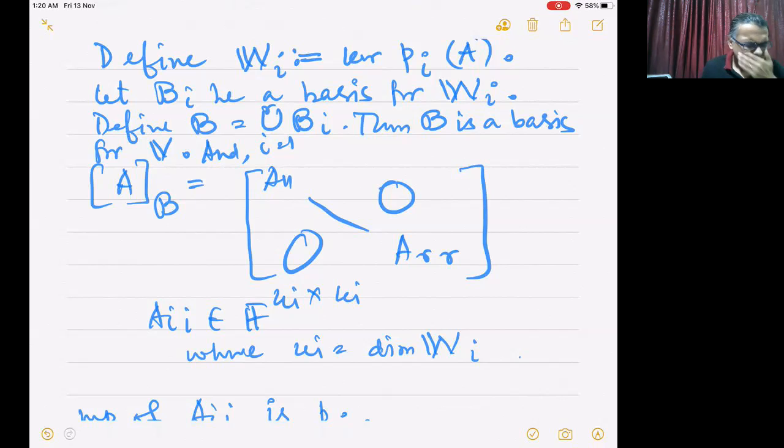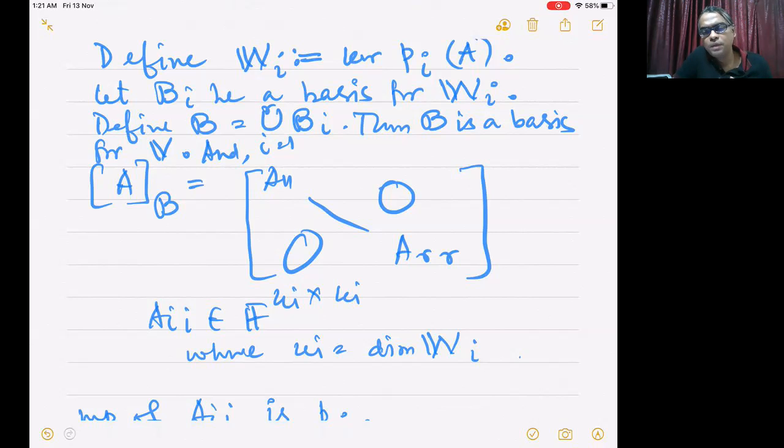So here what we'll do instead, we have this polynomial, and we'll look at its irreducible or prime factors, prime powers. That polynomial can be broken up into a product of such irreducible polynomial powers, such that they are mutually, pairwise co-prime. Then we look at the kernel of these co-prime factors. Those kernels, by virtue of being kernels of polynomials of the operator, will be A-invariant.